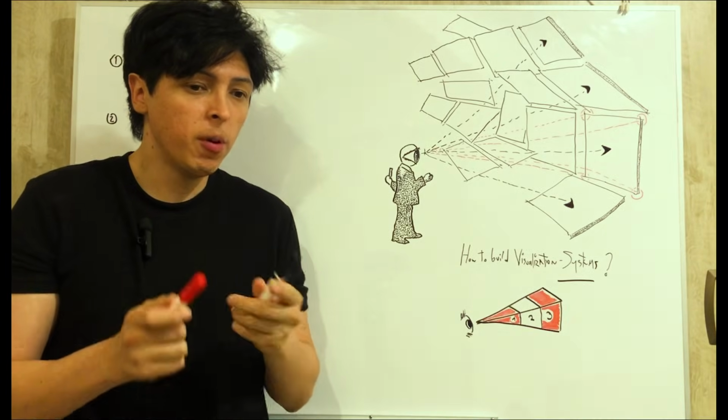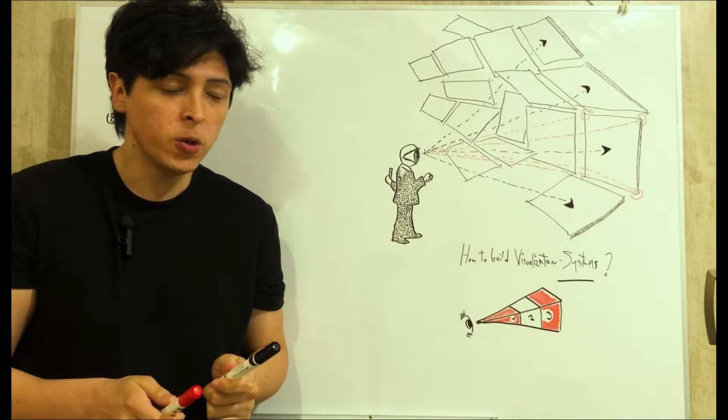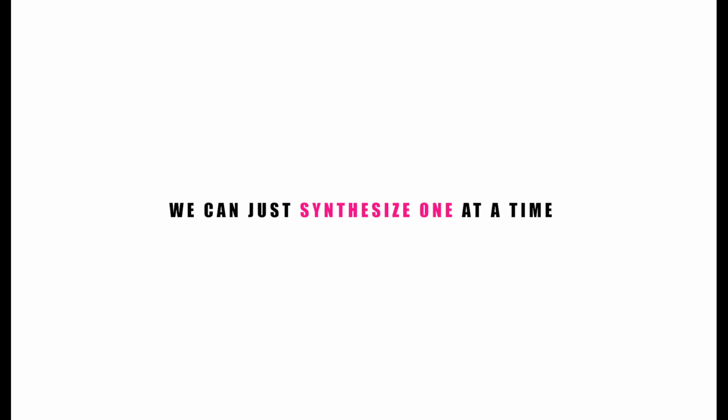Here's the thing. Most people think if you want to be a master of visualization, you have to control all the frames in your visual field. And yes, but not in that way, because we cannot process all the frames, all the viewports at the same time. We can just synthesize one at a time.